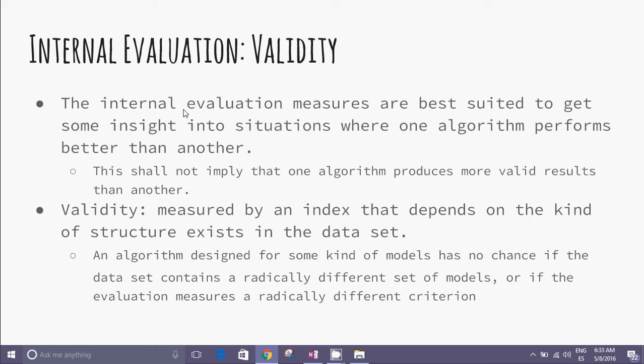For example, k-means clustering can only find convex clusters, and many evaluation indexes assume convex clusters. On a dataset with non-convex clusters, neither the use of k-means nor of an evaluation criterion that assumes convexity is sound.